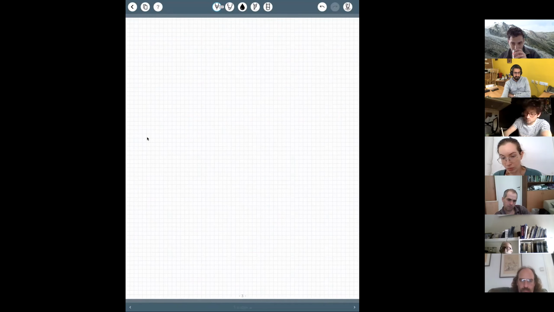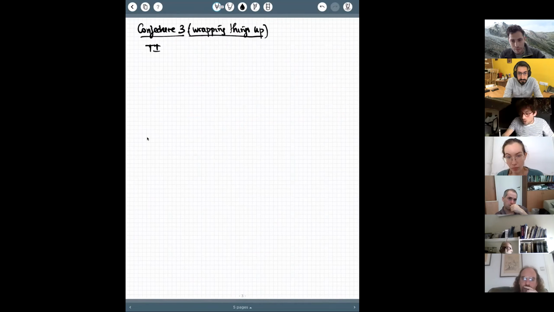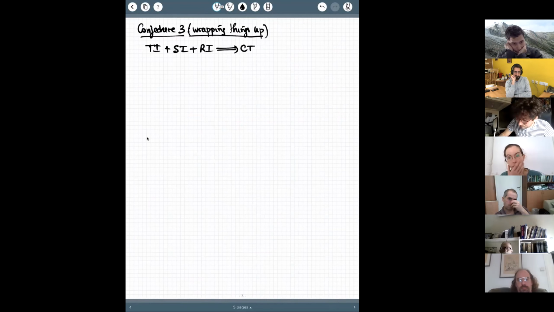Okay, third and last conjecture. It's kind of a wrapping-up conjecture, which is just going to be to prove that translation invariance plus scale invariance plus rotation invariance imply conformal invariance.